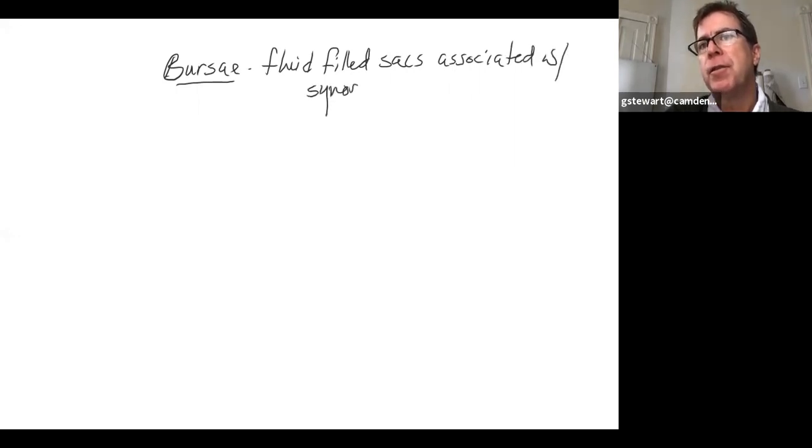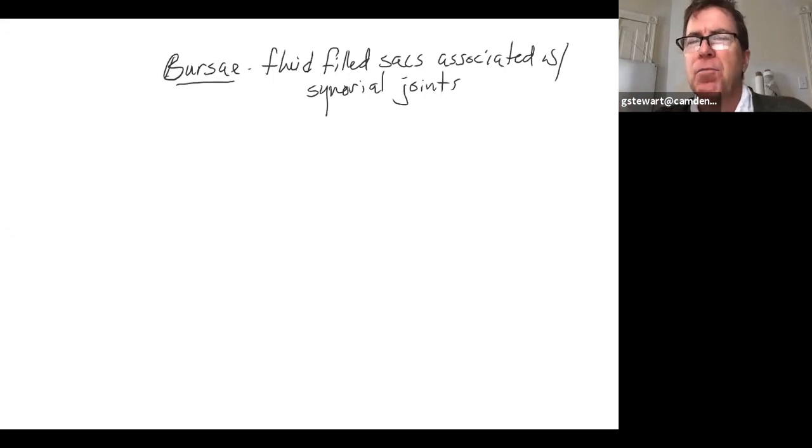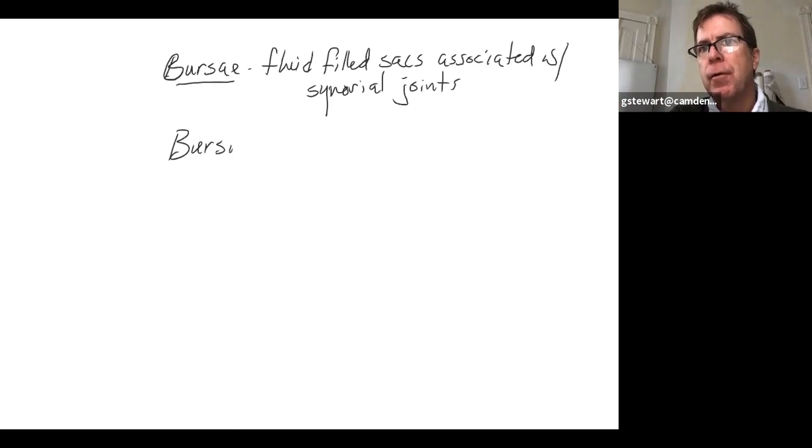And they're filled with a fluid that's very similar to synovial fluid. We find them all around the joints. For example, your shoulder joint has several bursa around it. Your knee joint has, I don't know, between a dozen and 16 bursa sacs. That increases flexibility, it decreases friction. This term bursitis, which I'm sure you've heard of, literally translates to inflammation of the bursa.